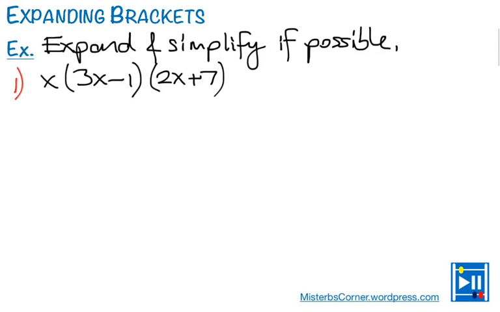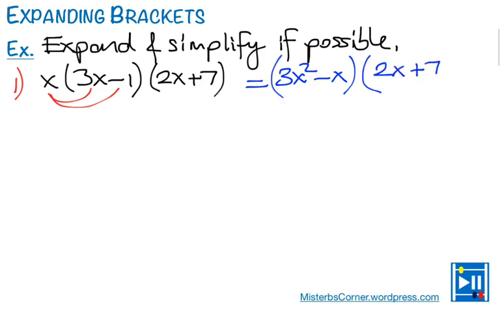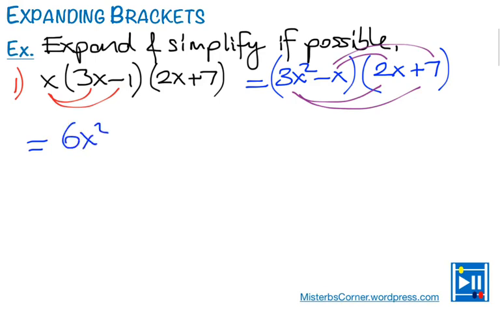Well, I'll start with multiplying x by 3x minus 1. So I'm going to end up with 3x squared minus x, again in brackets because it's the multiplication by 2x plus 7, yeah? And then I will multiply 3x squared minus x by 2x plus 7. So it's going to be 3x squared times 2x, which is 6x cubed. 3x squared times 7 is 21x squared.